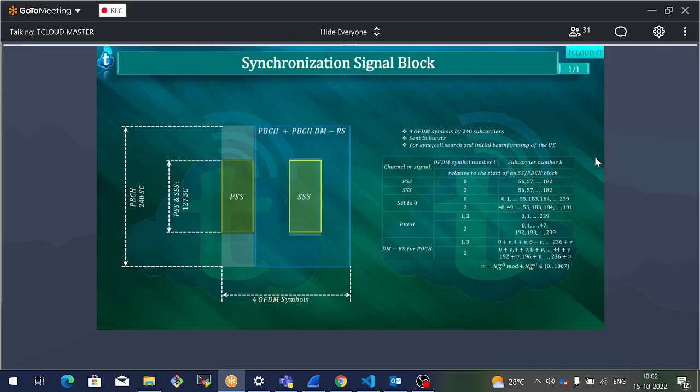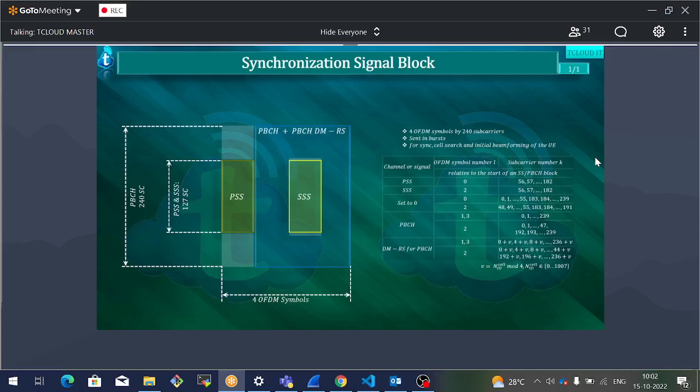So they decided that we need some special modulation symbols in order to make themselves recognizable for the mobile. The mobile can easily segregate them, easily separate them. So in the list of channels present in this synchronization signal block, one particular channel, the PSS, primary synchronization signal, is designed containing some special modulated symbols.